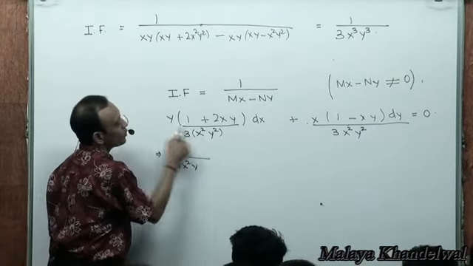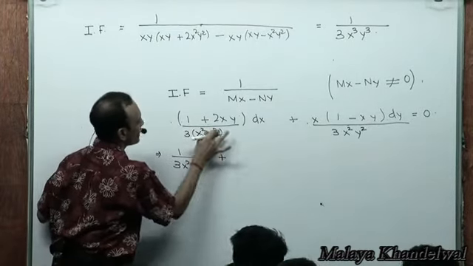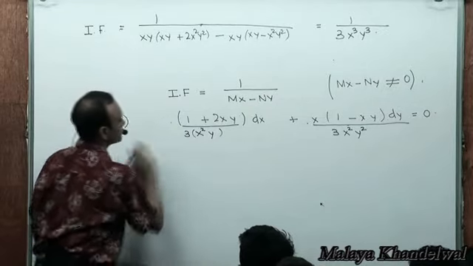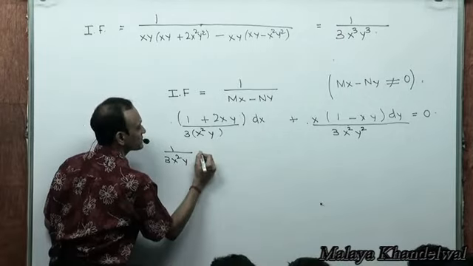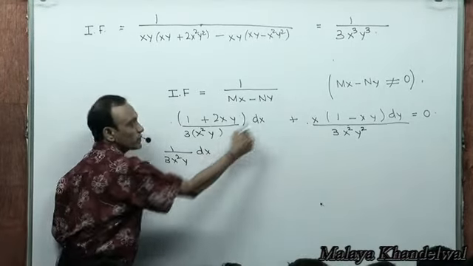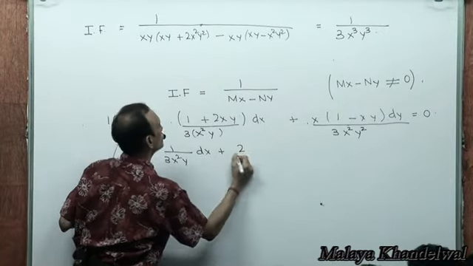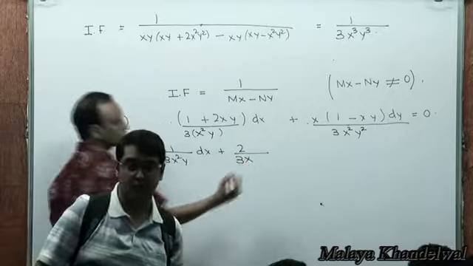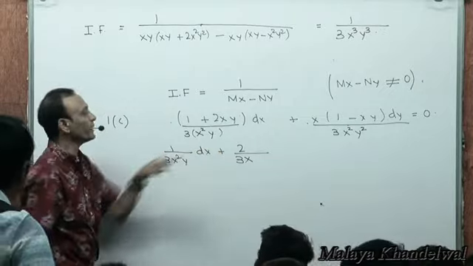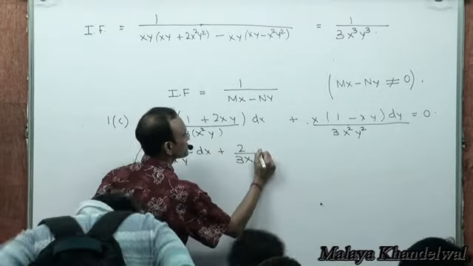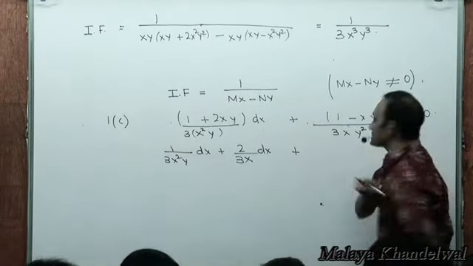This by this, 1 by 3 x squared y dx plus, when I divide this will be 2 by 3x dx plus, now again cancel this x with this x, right?